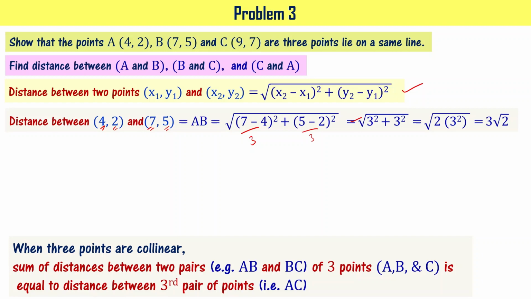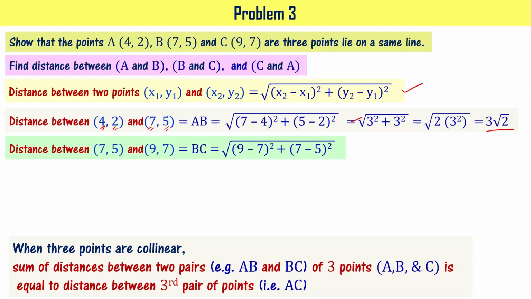So when you have 3 square plus 3 square, that is 2 times 3 square under root. So I can write it as 3 root 2, right? Now let's find the distance between another pair of points, that is 7 comma 5 and 9 comma 7.